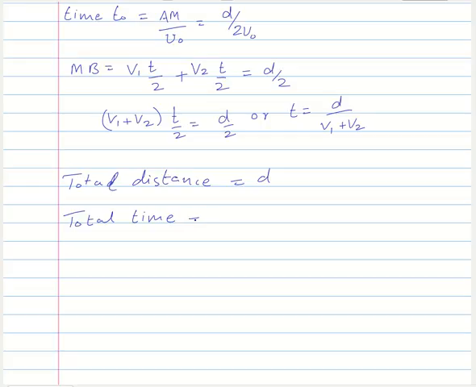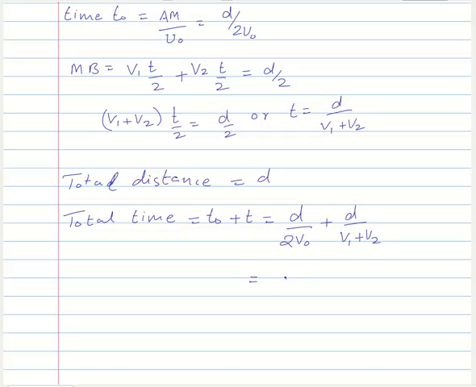Total time is t naught plus t, which is equal to d by 2 v naught plus d by v1 plus v2, which we can simplify.